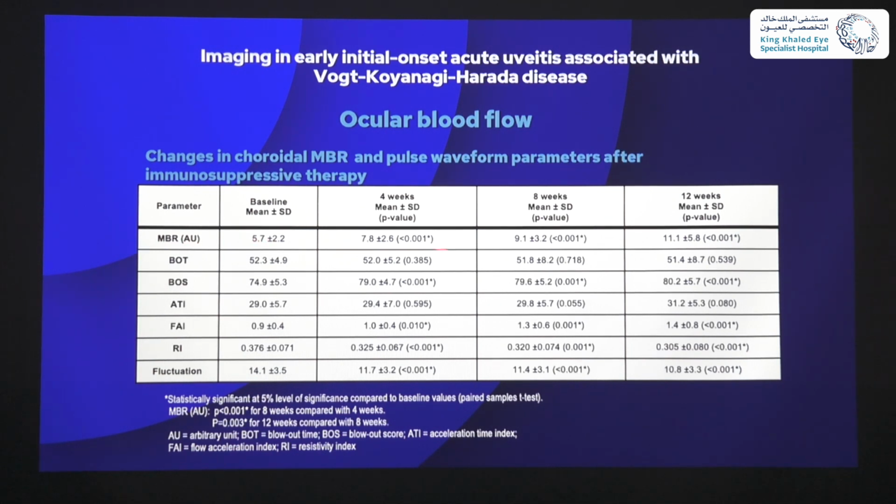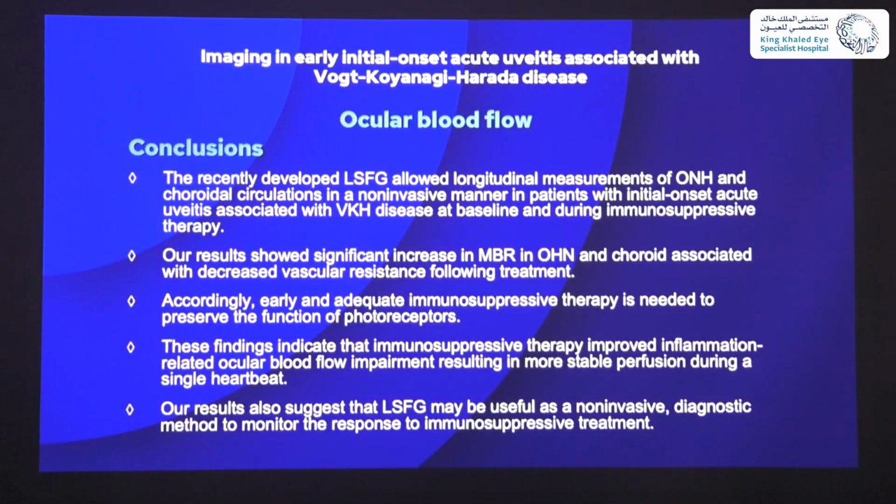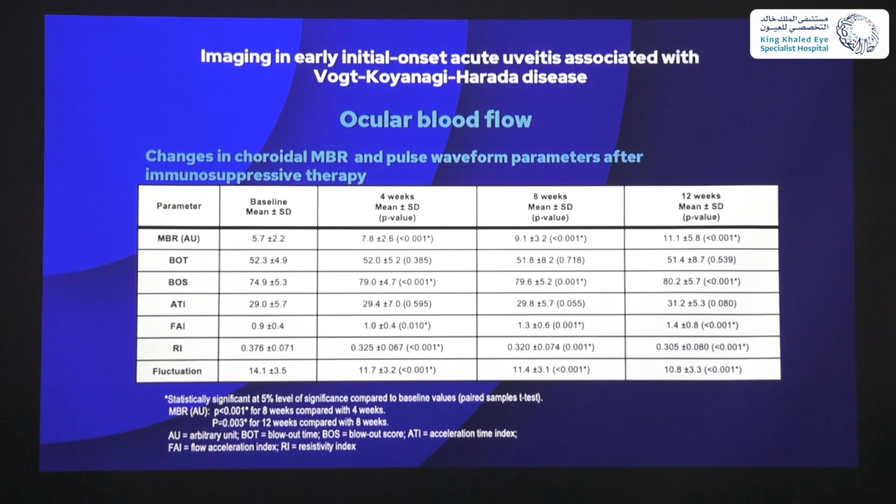It continued to increase up to 11. So the MBR, which is representing the blood flow velocity of the choroid, continued to increase up to 12 weeks. We did the study up to 12 weeks.